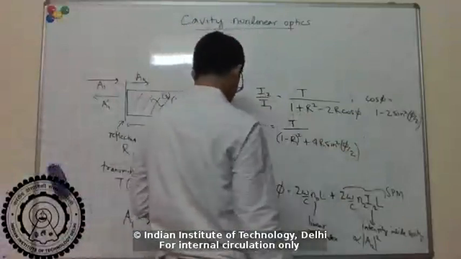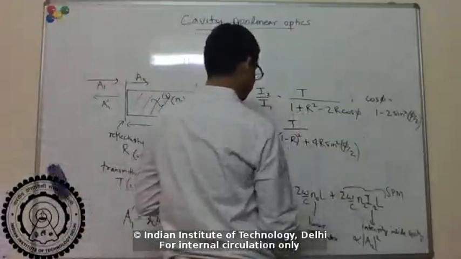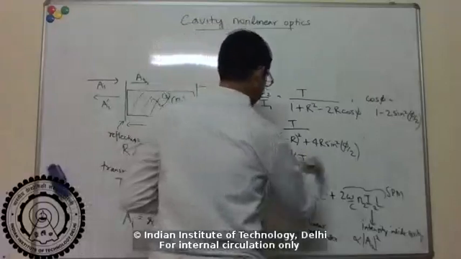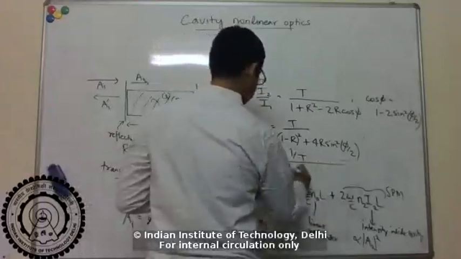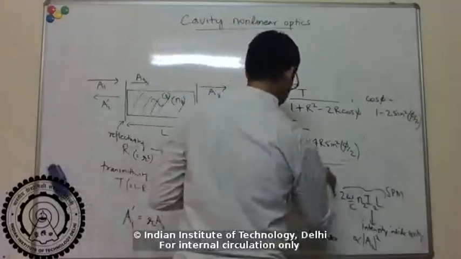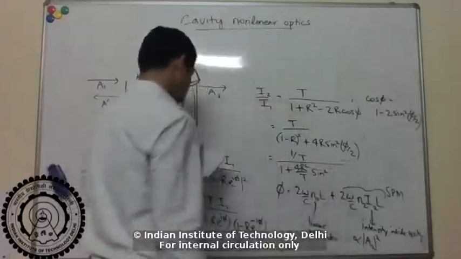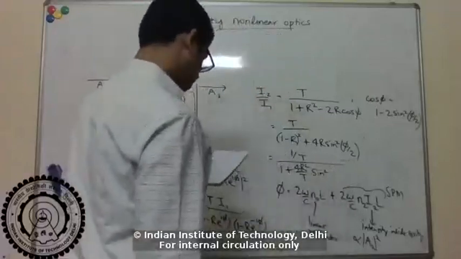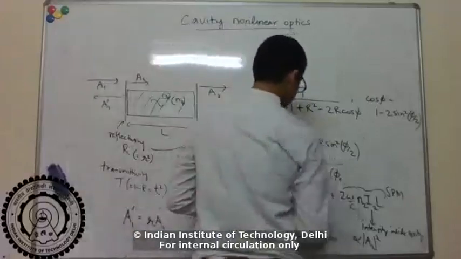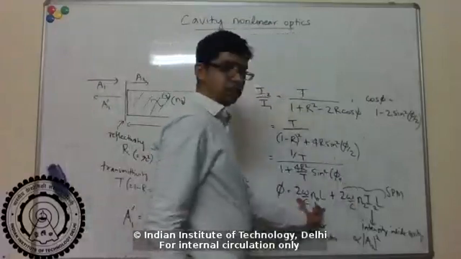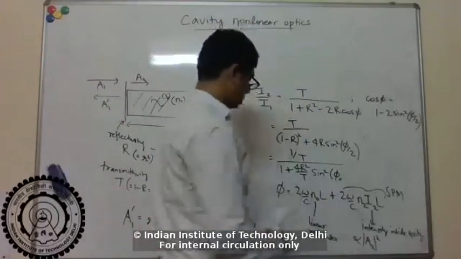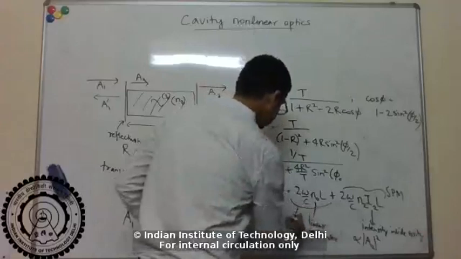So we can divide numerator and denominator by t square, and so we can write this as 1 over t by 1 plus 4r square by t sine square phi by 2, right? Where phi I can write as some phi naught, which is the linear phase shift, independent of intensity. So I can call this whole thing phi naught.